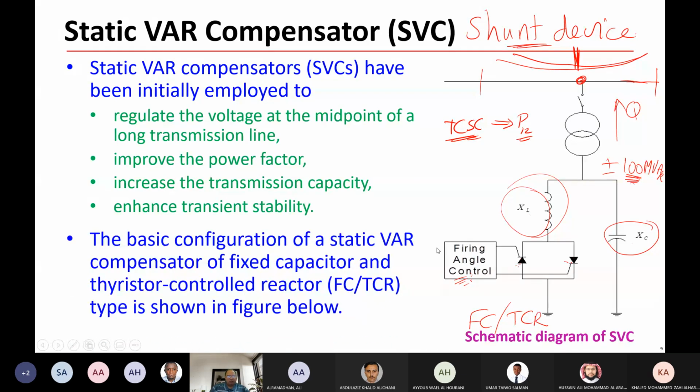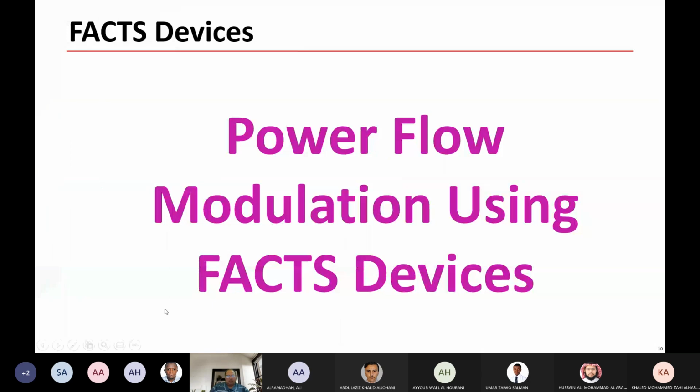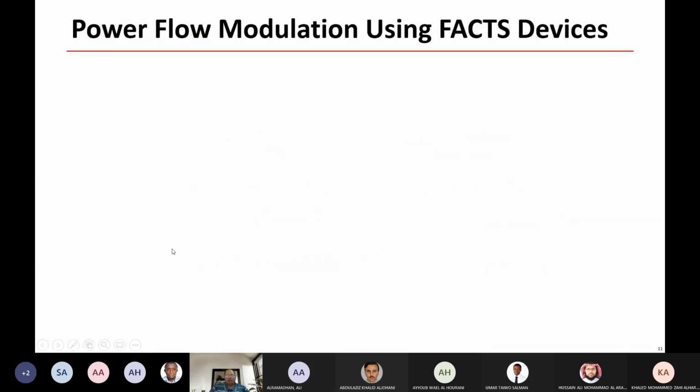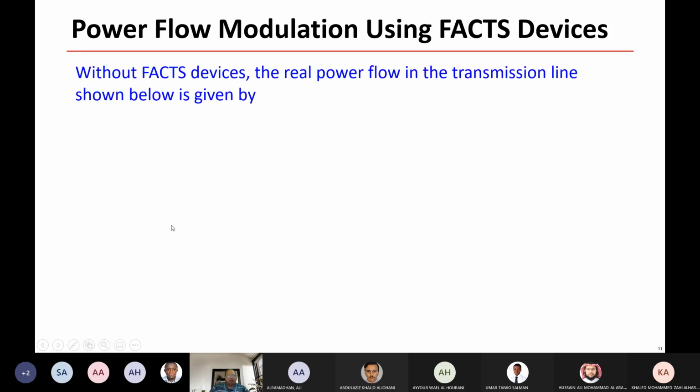So the basic configuration of the static VAR compensator of fixed capacitor and thyristor controlled reactor type is shown below. And let us see how these devices can modulate the power flow, how P12 is affected by the thyristor controlled phase shifter, series capacitor, or static VAR compensator.